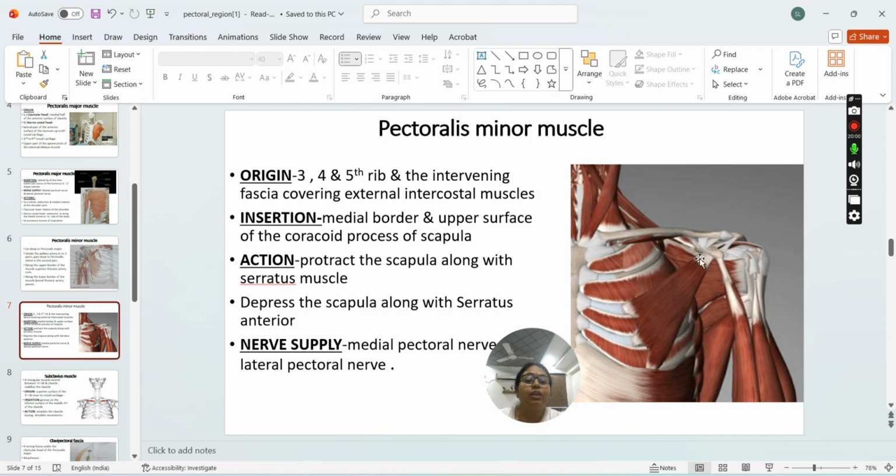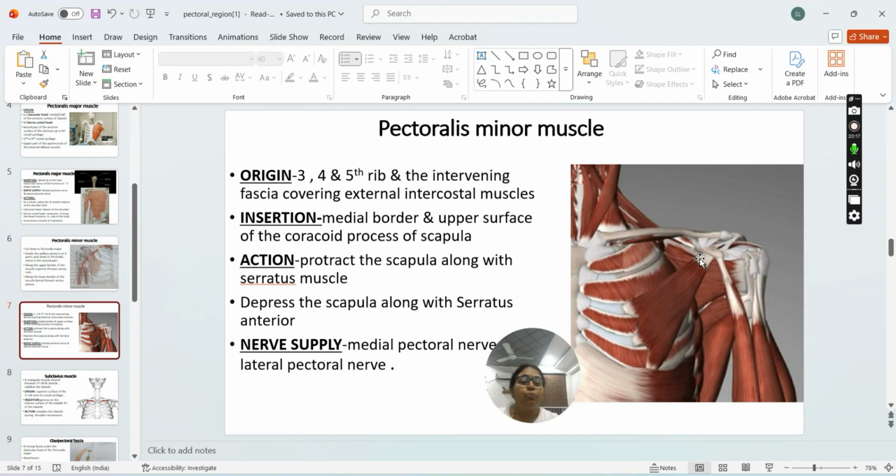You can see the scapula is located on the posterior chest wall, isn't it? So it is attached onto the posterior chest wall by a group of muscles. If you cut those muscles, the scapula becomes mobile.